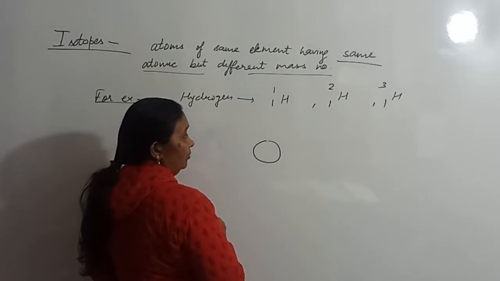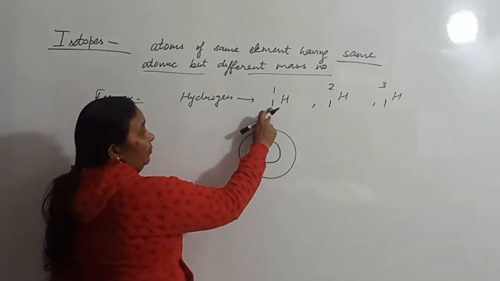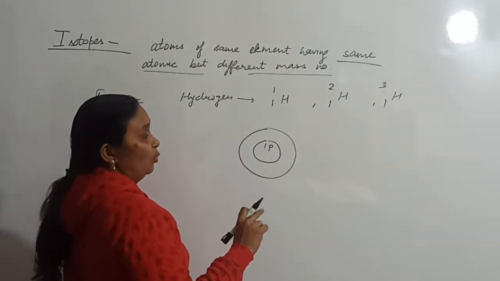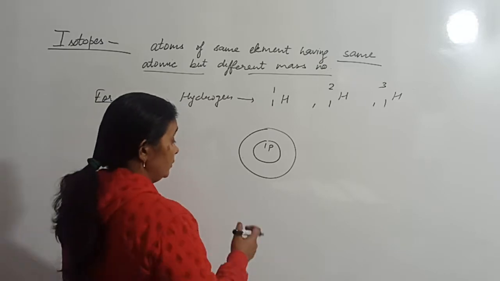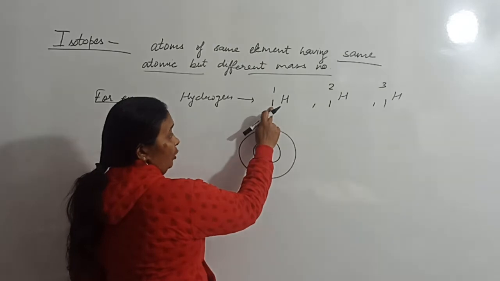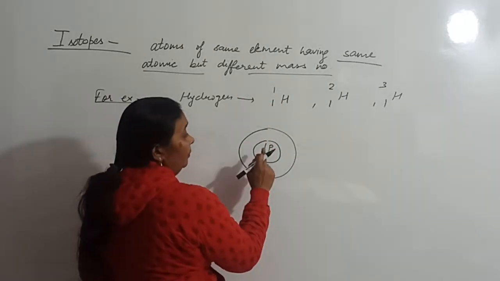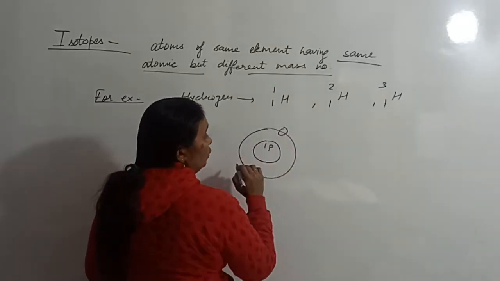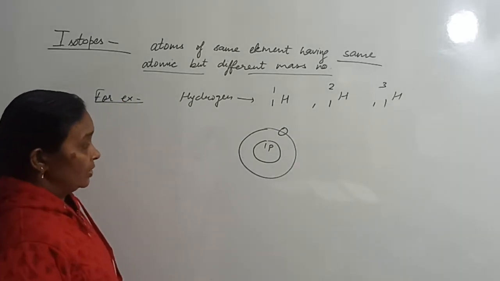In the center there will be a nucleus and one outermost shell. Since atomic number is 1, that means there will be 1 proton, because atomic number is equal to the number of protons and number of electrons. This is the atomic number below and above is mass number. So atomic number 1 means number of protons 1 and number of electrons also 1, which we will draw outside in the orbit.